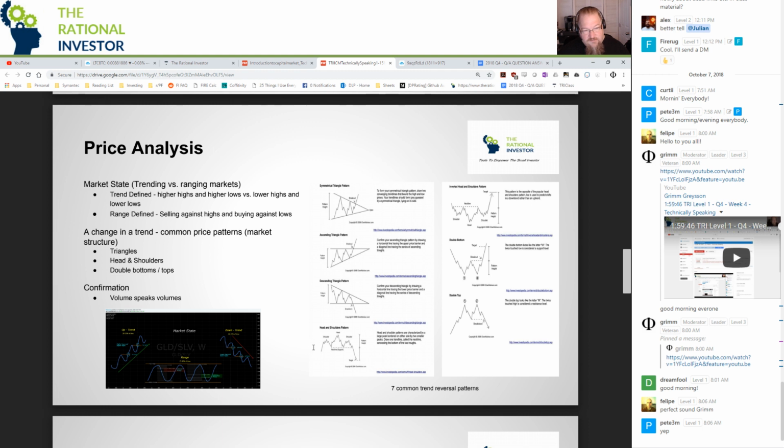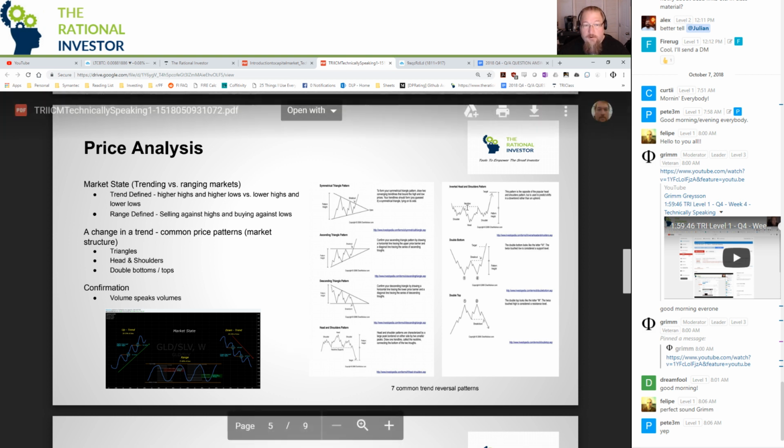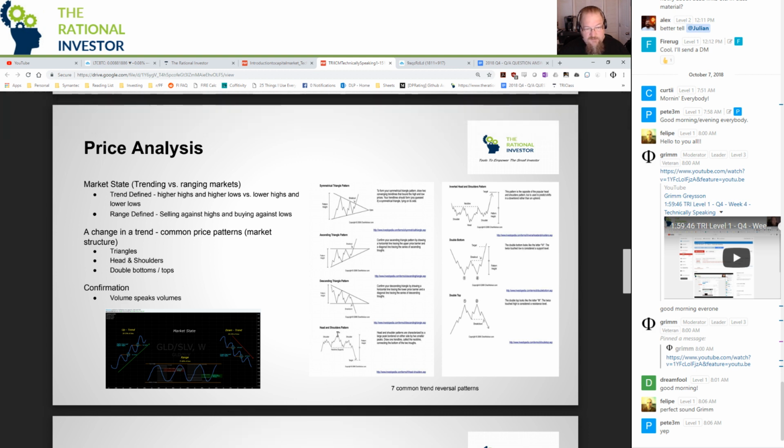And that is all confirmed when the two low points are at the same, what we call a neckline, right? And this is one of those things that we have some predictive power in here. When we see a head and shoulders or an inverted head and shoulders, if you measure the distance that it moved from the head to the neck, typically we will move that distance again past it, right?